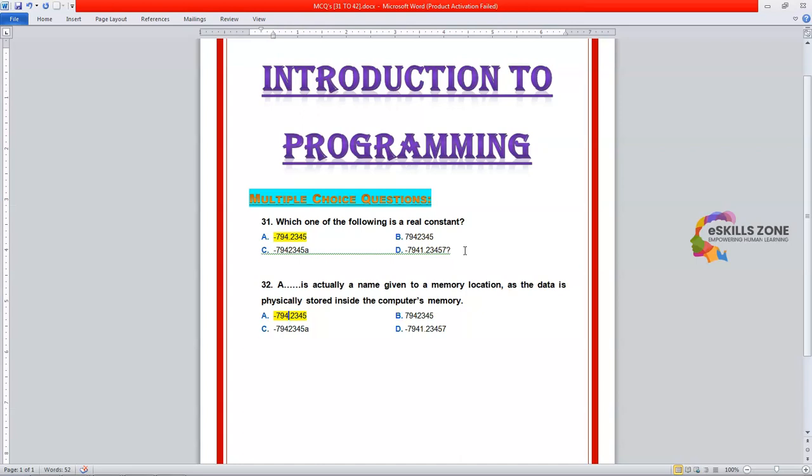Option A, constants. B, variable. C, reserved word. Or D, comments. Right answer is option B, a variable.